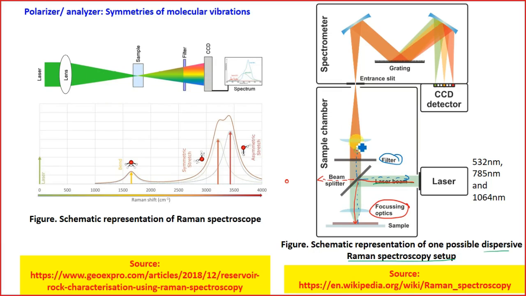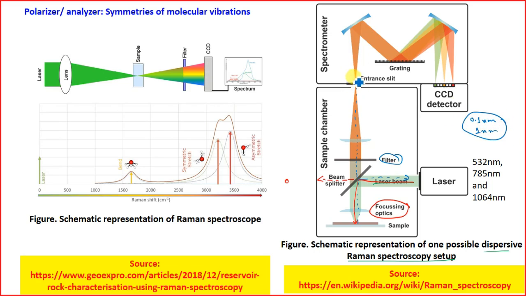Then from this notch filter, you collimate using focusing optics so that it focuses the light onto this entrance slit. This radiation passes through a very small entrance slit, usually in the range of 0.1 nanometer, and it may vary up to 1 nanometer also.